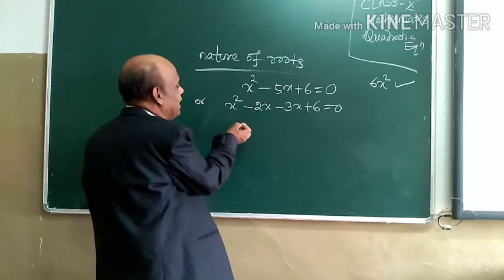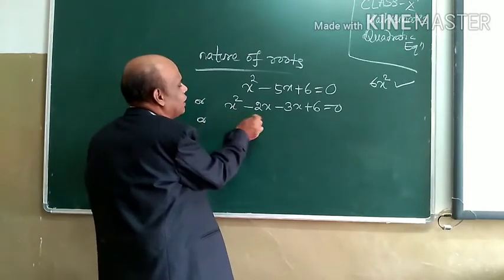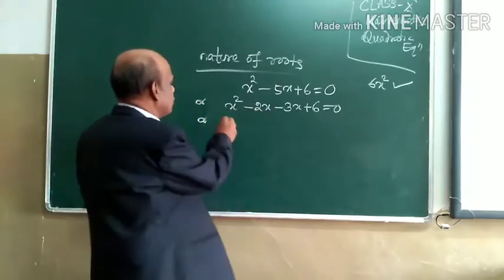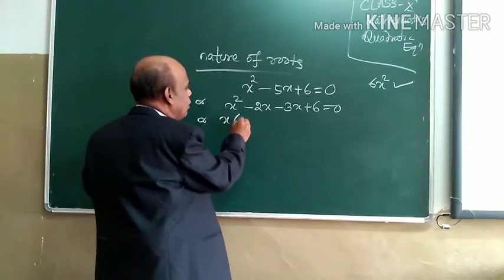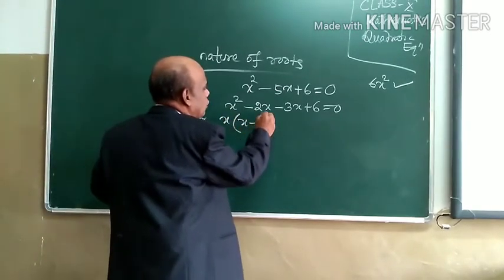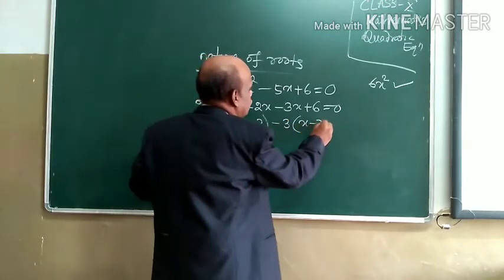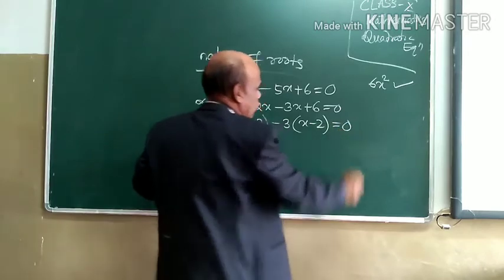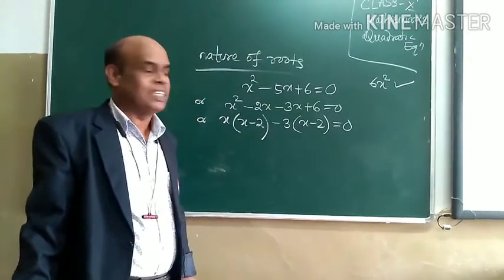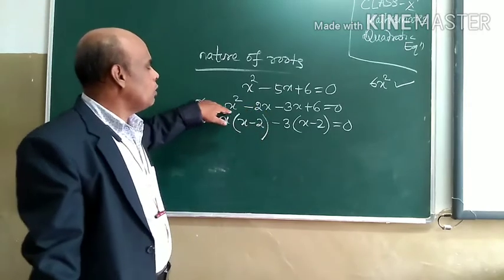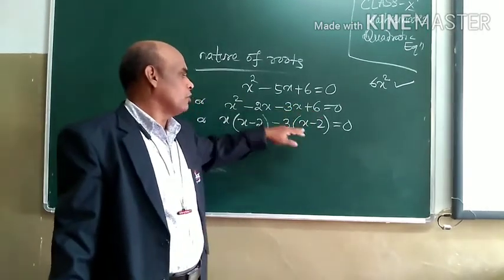So what I will write? Now I will take common from the two terms. See here, x is common: x minus 2. Here minus 3 is common: x minus 2 is equal to 0. Already we have studied this in your classes. Take common from these two and take common from these two.